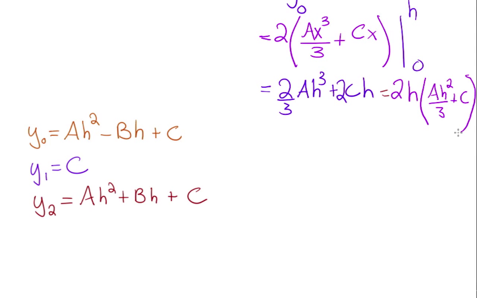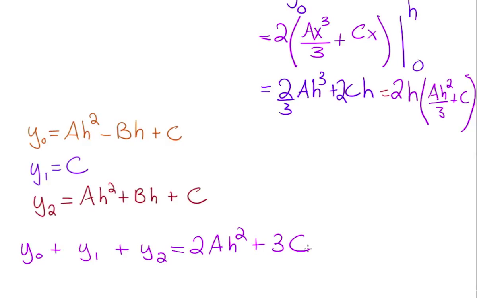If you add all three of these, you get that? So let's write this down. y0 plus y1 plus y2 is equal to 2ah squared plus 3c. So pretty close, right? Close, but not quite.